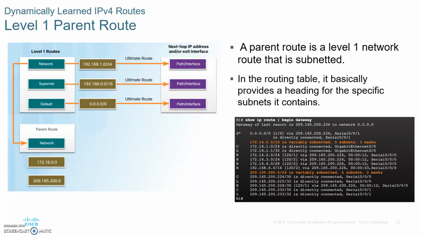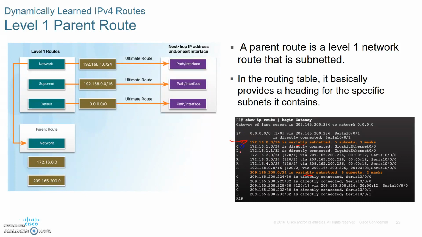A level 1 parent route is a route that has been subnetted. When you do a show ip route, the routing table will show the words variably subnetted. In this case, we have two level 1 parent routes. One is going to 172.16.0.0/16, and the second one is 209.165.200.0/24.